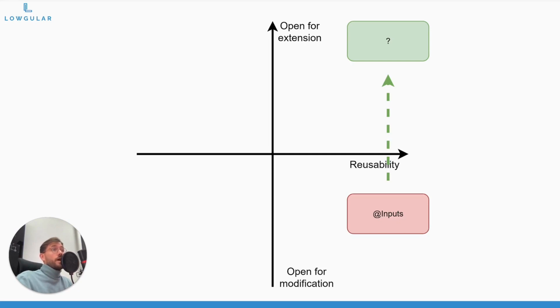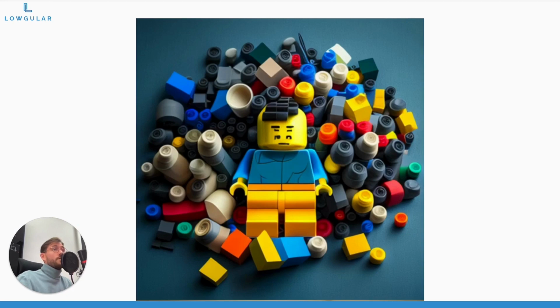And we need to find a solution which can be reusable and open for extension. Then we will have a powerful design system in Angular. And the answer here is content projection, which is like Lego composition. We can easily reuse things.